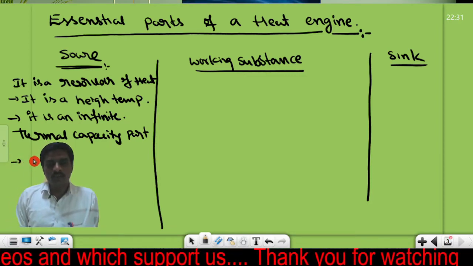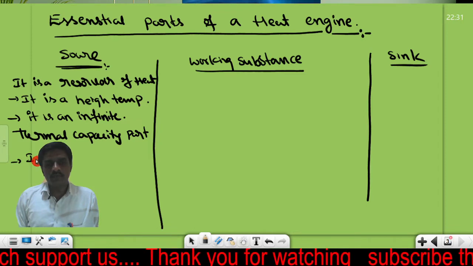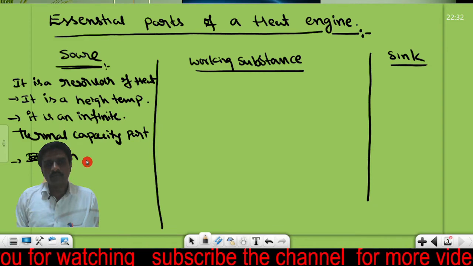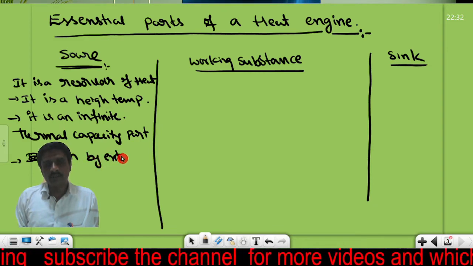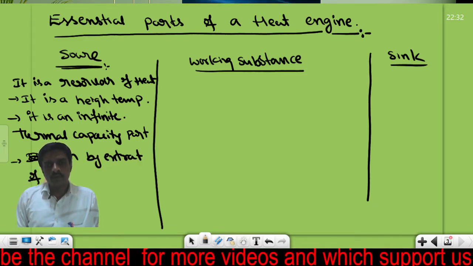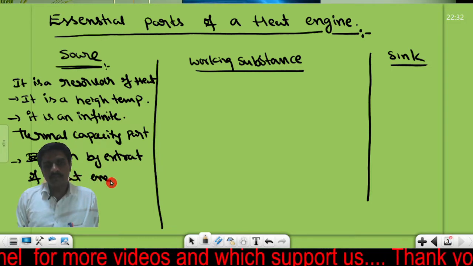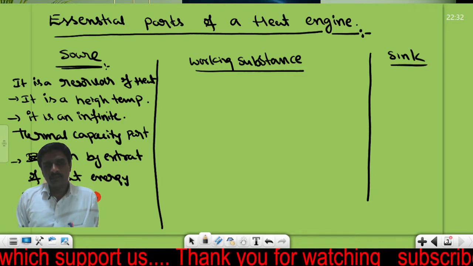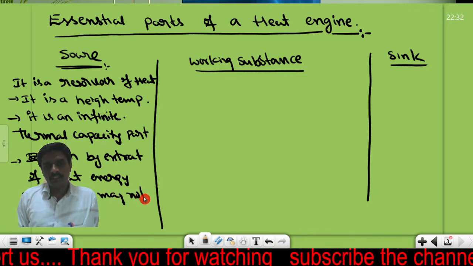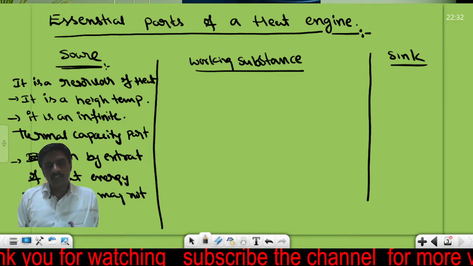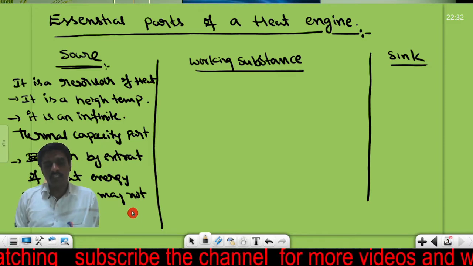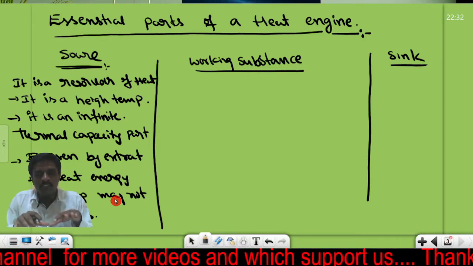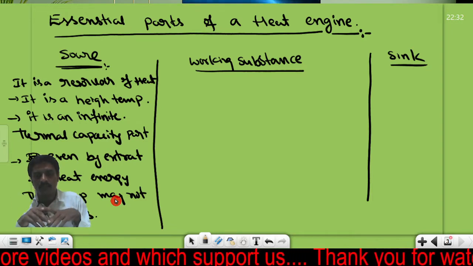So the engine can extract heat energy, and even by extracting heat energy, the temperature may not change, because it is having infinite thermal capacity.